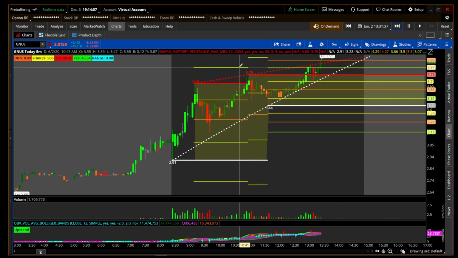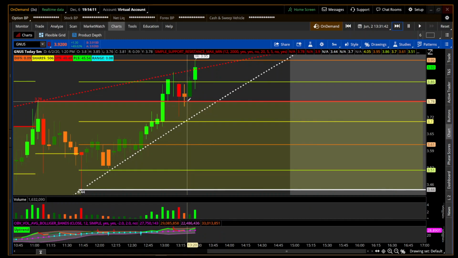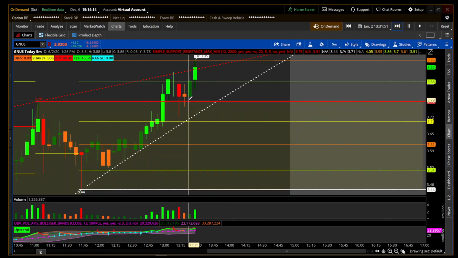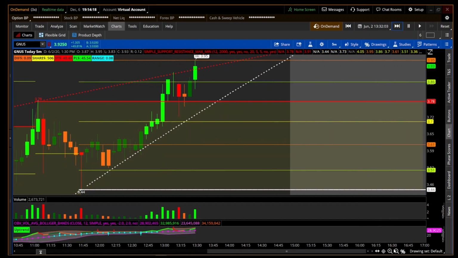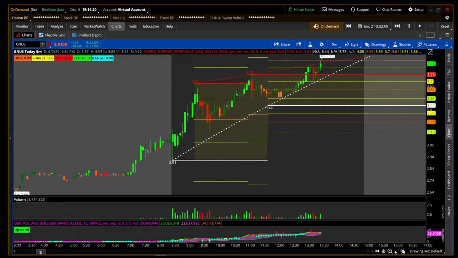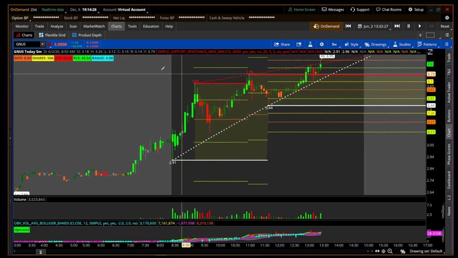And it's coming back. It came back to that prior resistance, became new support, and now it's going up higher. Those extensions work sometimes, and it's pretty accurate on this one so far. But sometimes they can be deceiving.